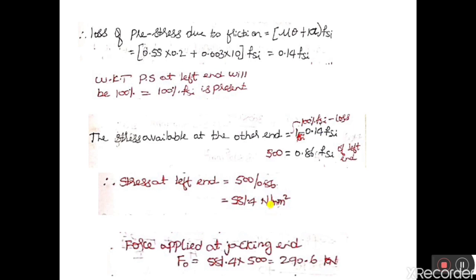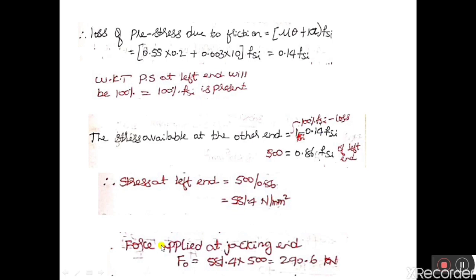So the stress at right end was 500 Newton per mm square, and the stress at left end is more than that, it is 581.4 Newton per mm square. So the total loss of stress from 0 end to 10 meter is 81.4 Newton per mm square.